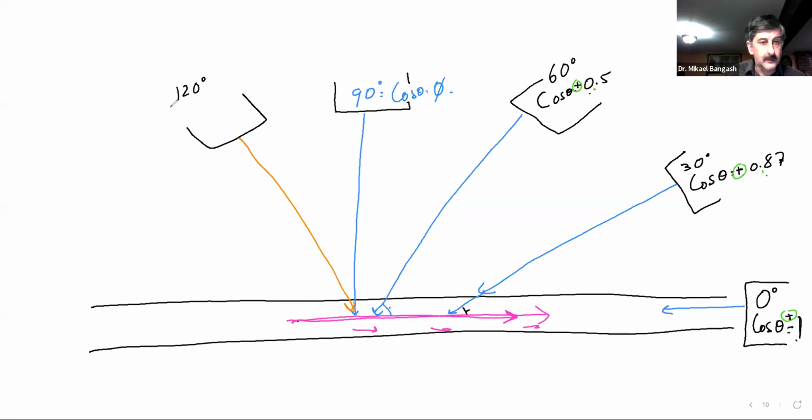The cosine theta value of 120 degrees is equal to negative 0.5.